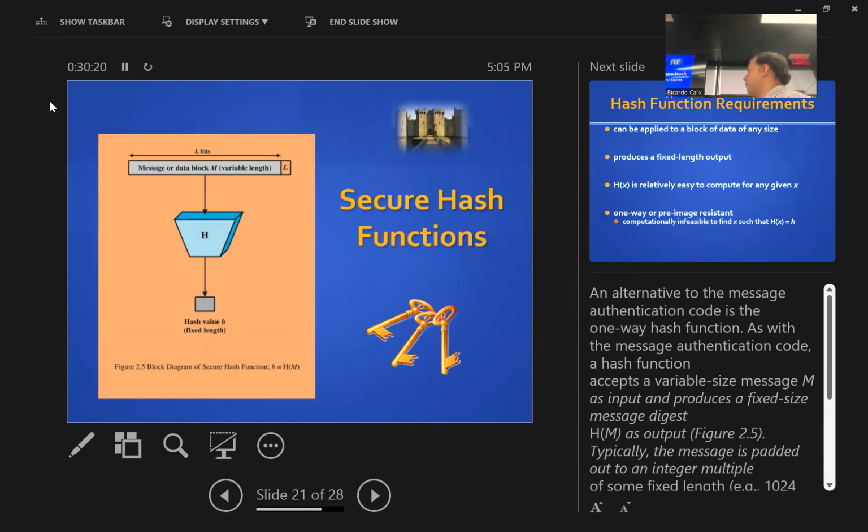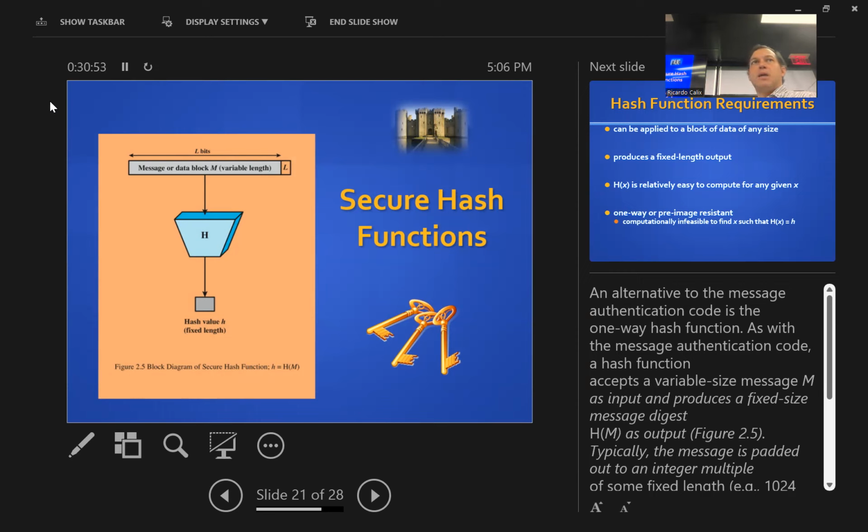I like this figure because it encapsulates a nice definition for a secure hash function. Notice it says message or data block M of variable length, L bits, much bigger, goes through a hashing function, and it generates a hash value of a fixed length. So we have a variable length, bigger sequence of bits, and we get a fixed length, smaller hash value.